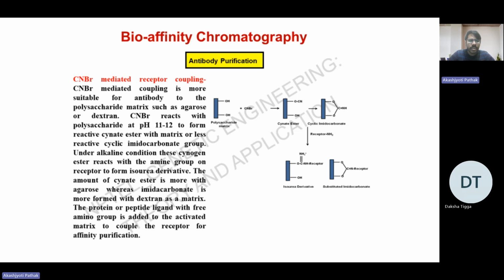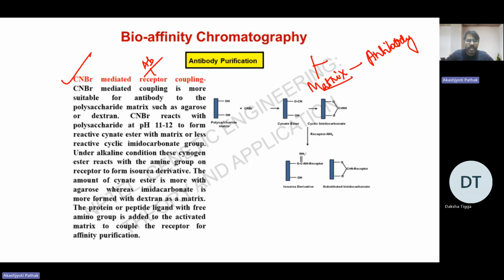Now, this is antibody purification. You have your matrix, and how do you couple the antibody with your matrix? For coupling the antibody with your matrix, you can go for CNBR mediated receptor coupling.